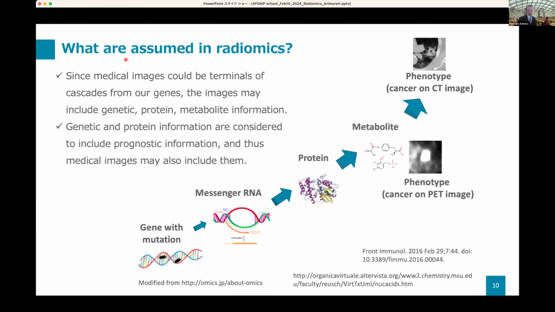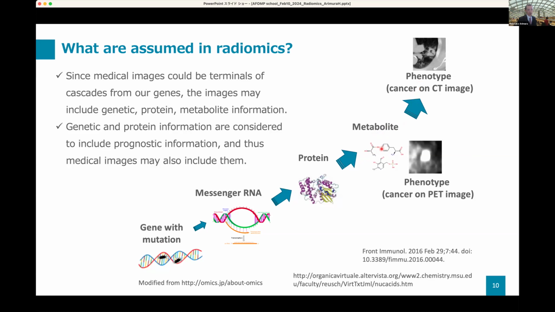And what issue in radiomics did we consider? We considered at first a gene with mutation. This gene information with mutation may be transferred to messenger RNA, and this messenger RNA produces protein and metabolome, and finally we have the phenotype of the human body.